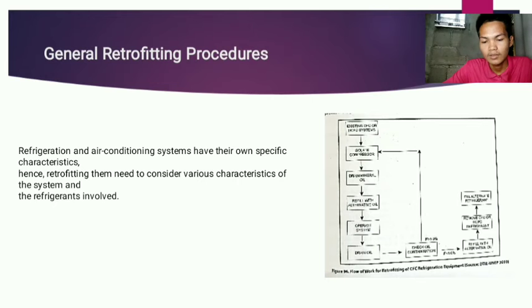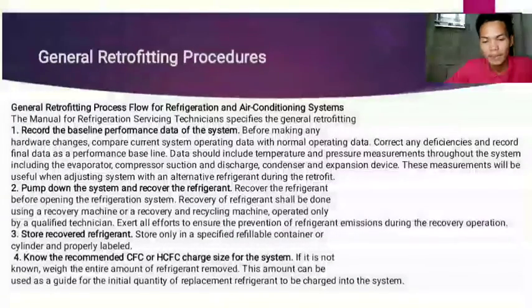So if you can see this figure, flow of work for retrofitting of CFC refrigeration equipment, general retrofitting process flow for refrigeration and air conditioning systems. The manual for refrigeration service technicians specifies the general retrofitting. Number 1 is record the baseline performance data of the system. So before making any hardware changes, compare current system operating data with normal operating data.